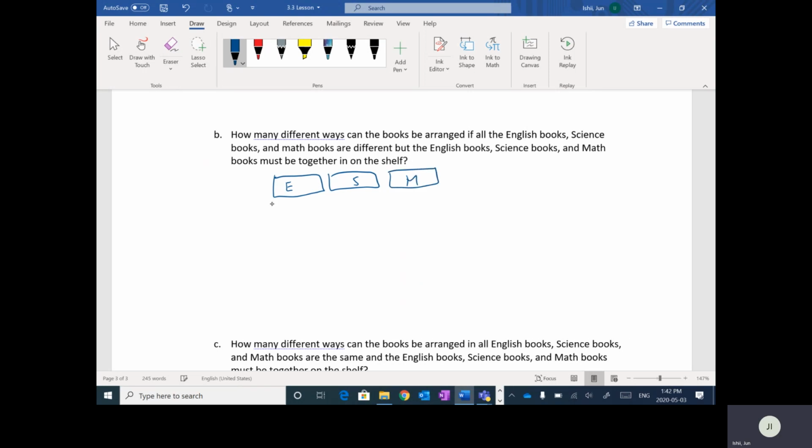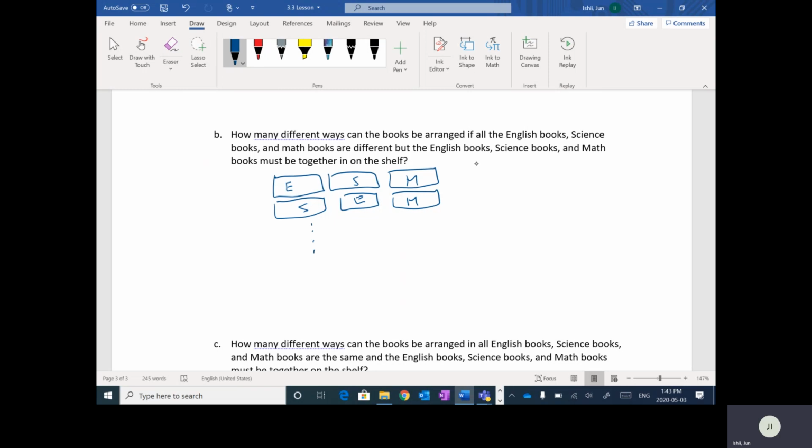Or these can be in different orders too, right? So I got science there, English there, math here, and so on. So you can visually see that the first thing we want to do is figure out how many ways we can order these 3 subjects.